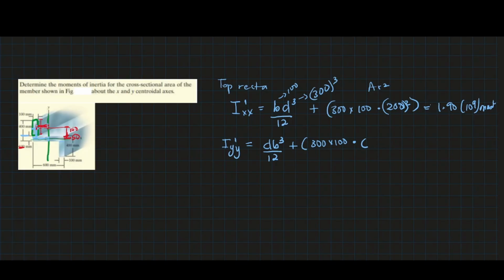Half of 100 is 50, so we can say 300 minus 50, which gives us 250. That will be times 250 squared. Solve this and you're going to get 1.9 times 10 raised to 9 millimeter 4.